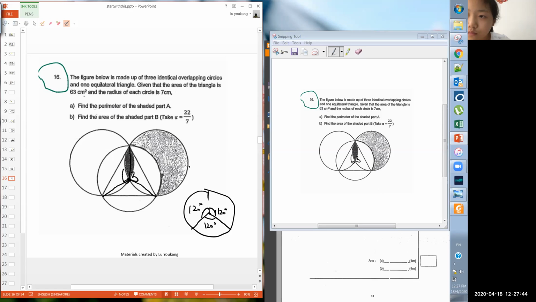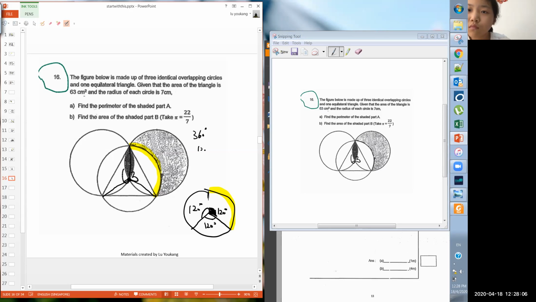Yeah. So that means, to find the length of this one is simple. The entire circle is 360 degrees, right?